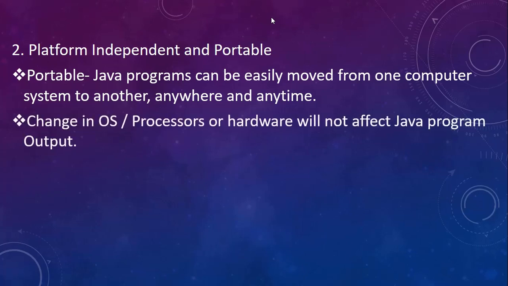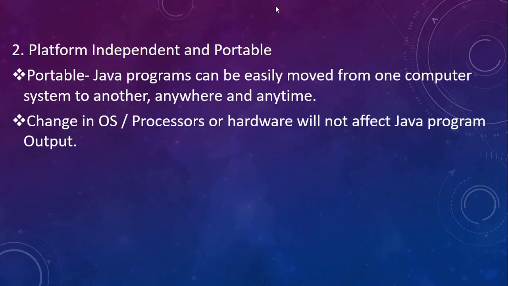A change in operating system, processor or hardware will not affect the Java program's output. Suppose I had first written a program while using a Windows XP operating system, then I copied it somewhere and then I changed the operating system of my PC. Now when I paste that same program again, I will be able to run it.